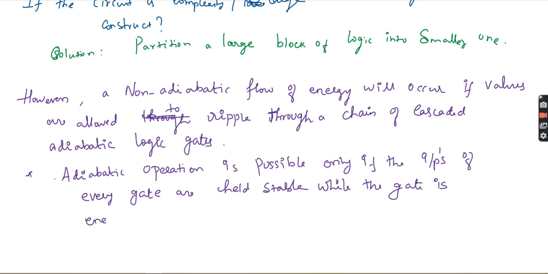Very important. During this time only we can perform the adiabatic logic. See, this is an important note actually. The adiabatic operation is possible only if the outputs of every gate are held stable while the gate is energized.